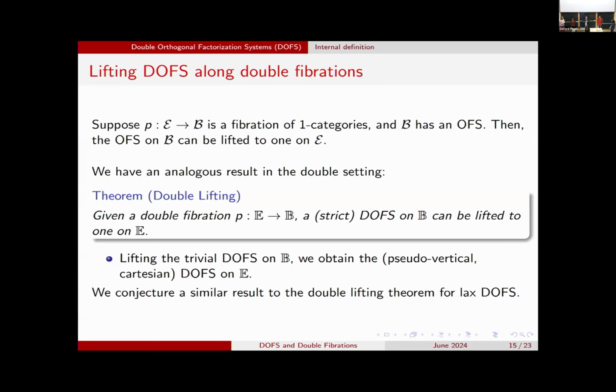And when we do this with the trivial orthogonal factorization system, we get the pseudo-vertical Cartesian factorization system on the domain, which is also what happens in the classical case. So we conjecture that this also holds for lax double orthogonal factorization systems as well.